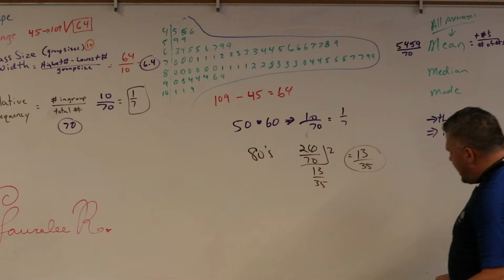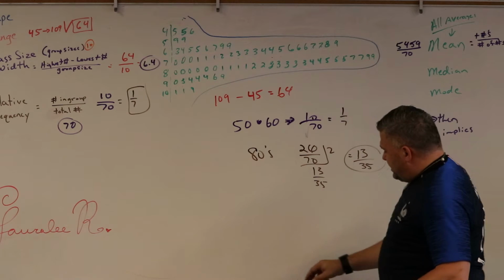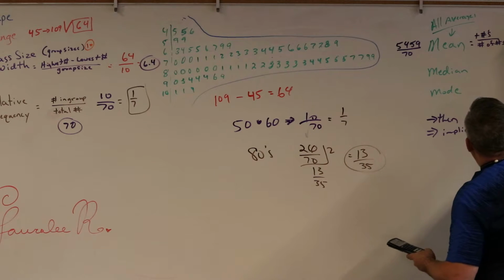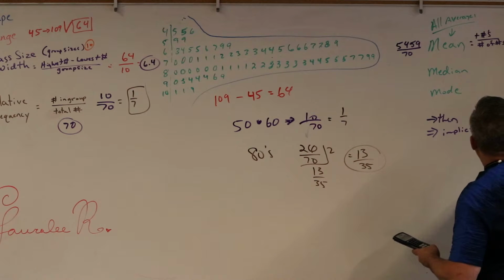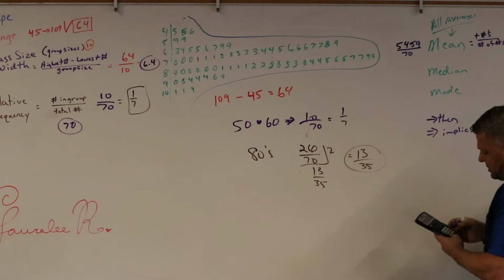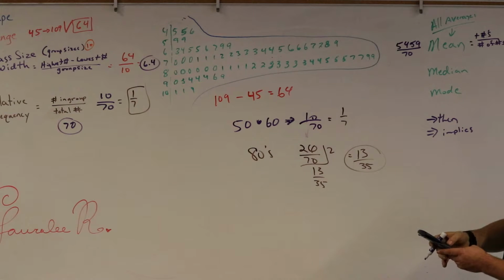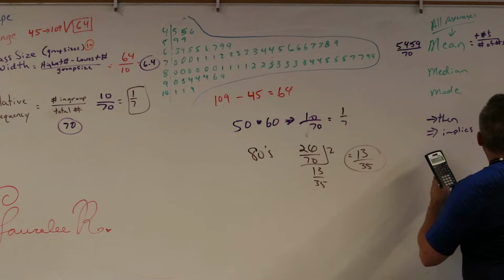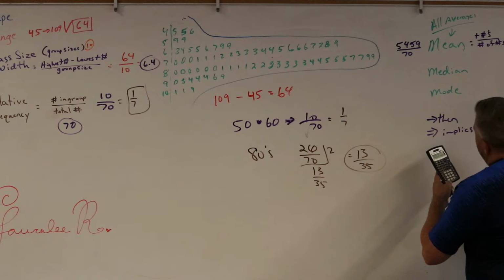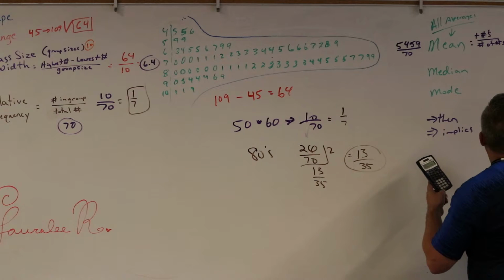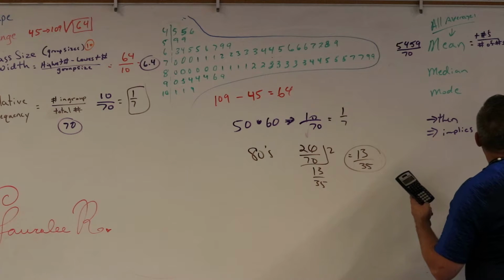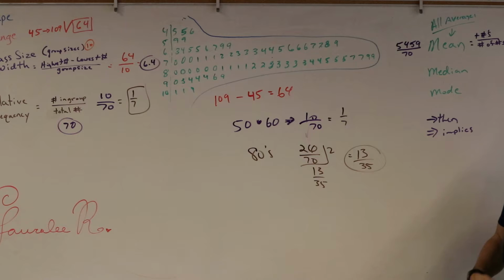So we said, hey, that is 5,459 over 70. And when we divided it by 70, we found it to be 77.985, blah, blah. And what this 8, 9, this 5, turns it to 78. It all depends.